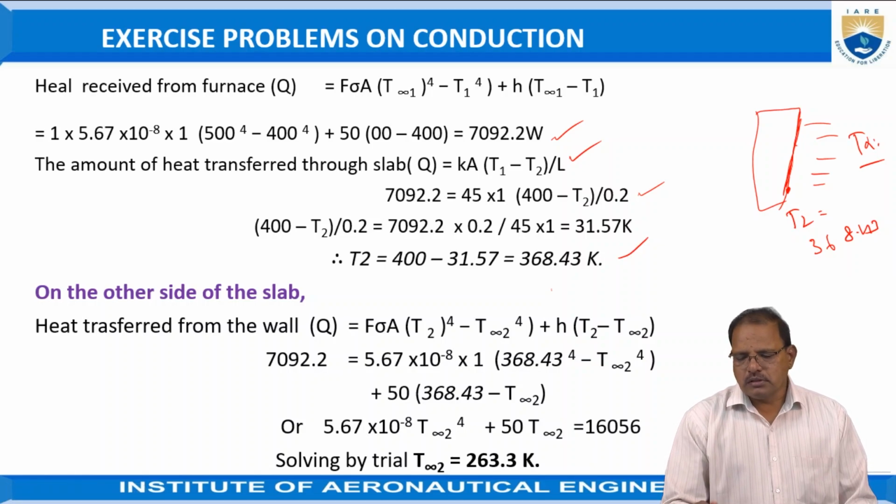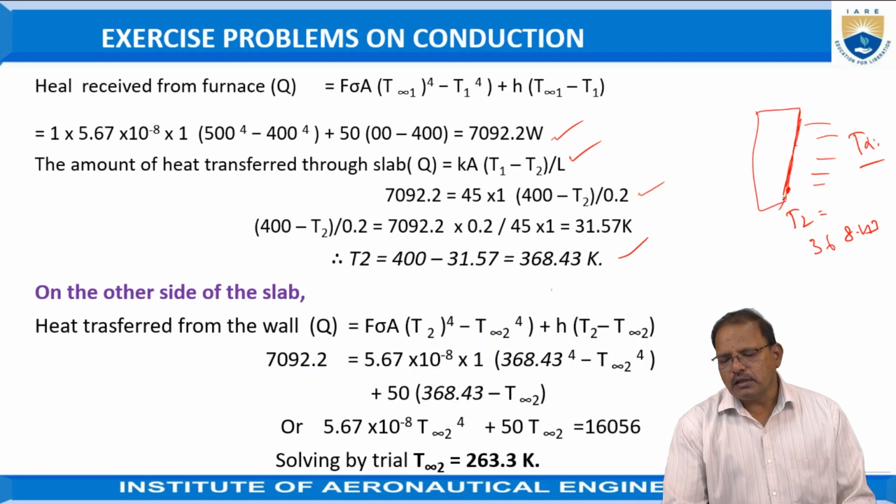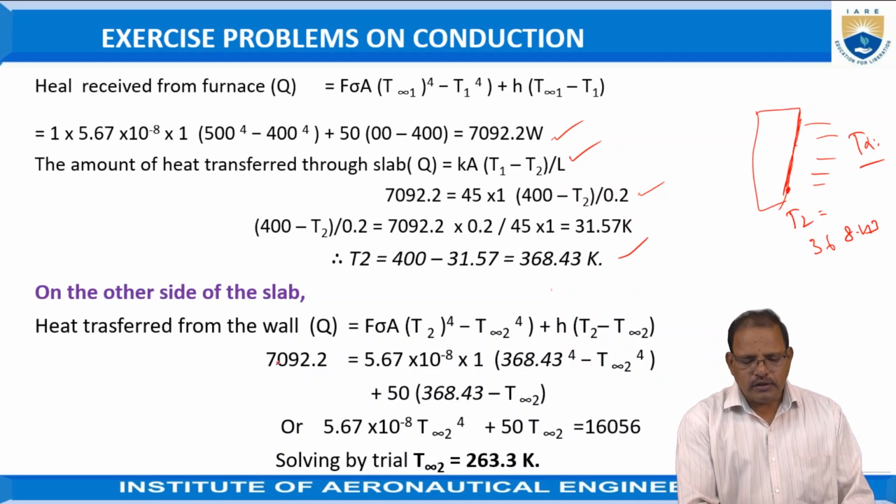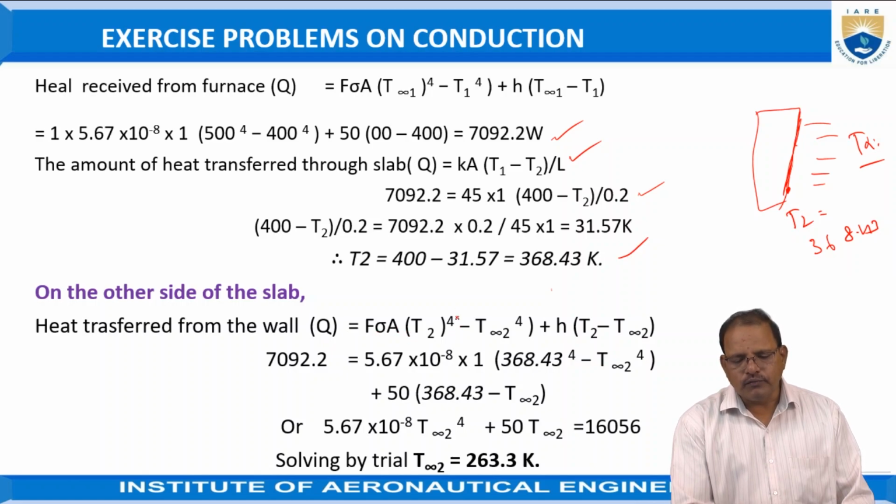Hence, the amount of heat energy flowing from the outer surface to the air can be represented as F into sigma into A into T to the power of 4 minus T alpha to the power of 4, plus H into T2 minus T alpha 2.